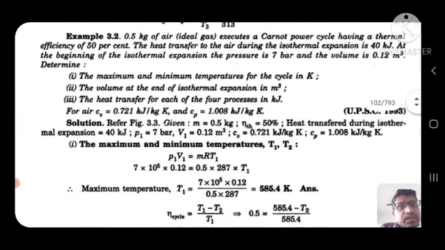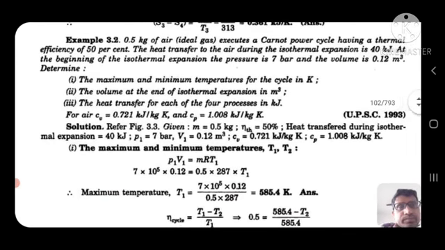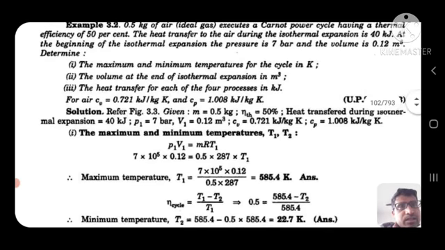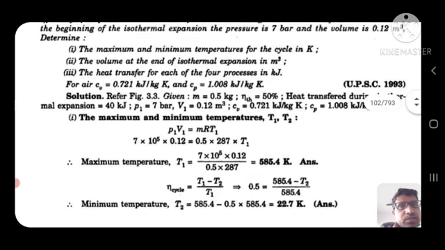0.5 kg of air, an ideal gas, executes a Carnot power cycle having a thermal efficiency of 50%. The heat transfer to air during the isothermal expansion is 40 kJ. At the beginning of isothermal expansion, the pressure is 7 bar and volume is 0.12 meter cube.